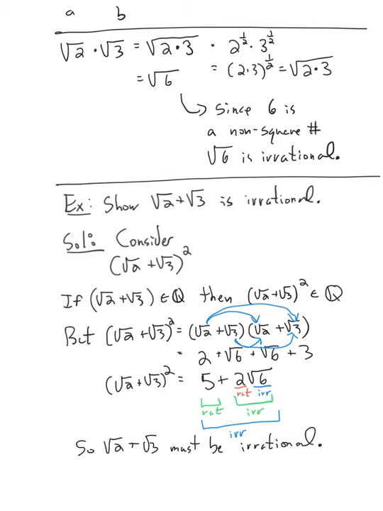So there we have it. We've classified all sums and products of rational and irrational numbers as either rational or irrational, or we can't say, or it's either. So that's pretty cool. And that'll be it for rational and irrational numbers for this class.